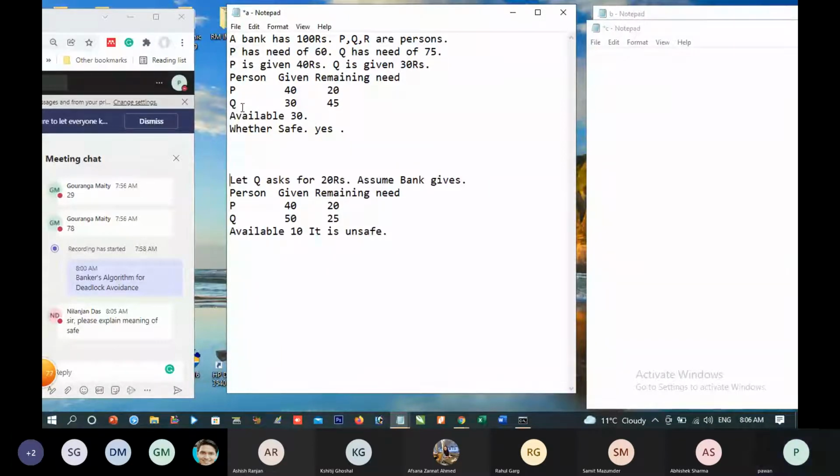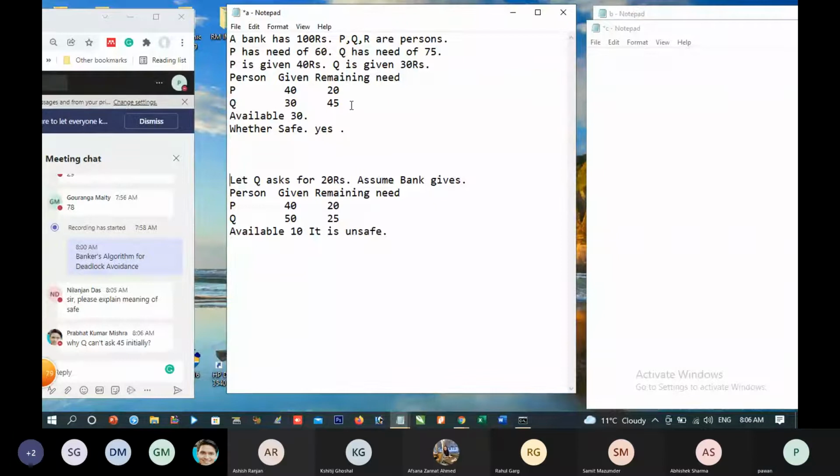On the other hand, why is the above a safe situation? Suppose Q can ask for 45 rupees in future. Bank will ask him to wait till P is over.